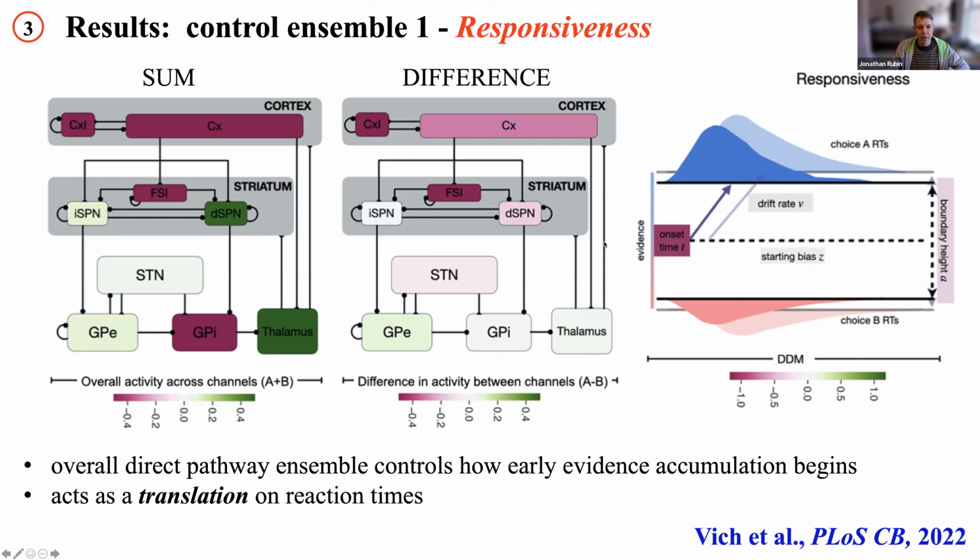The first component that comes out of this analysis is what we call the responsiveness component. This is essentially a pure translation. You can think of it as just when do we start collecting evidence, but effectively it's a lever for translating the reaction time distribution.